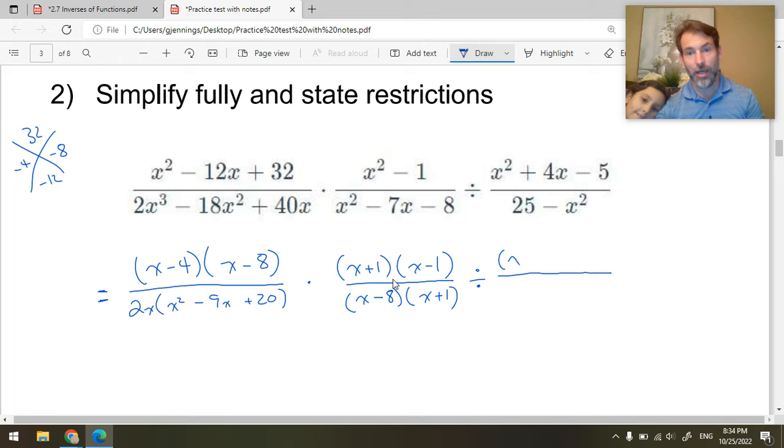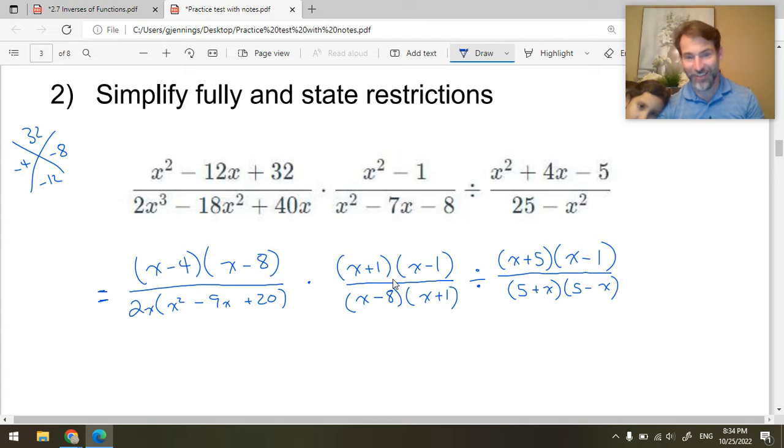Well, that will be x plus 5 multiplied by x minus 1. And then 25 minus x squared. Being a 25 teacher, is minus x fun? I enjoy it, honey. I have a good time. This is 5 plus x multiplied by 5 minus x.